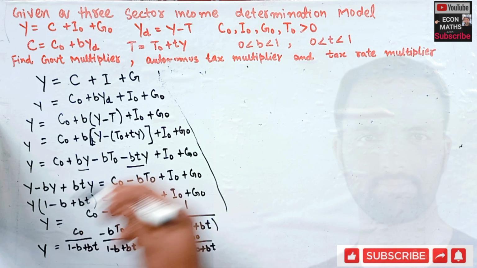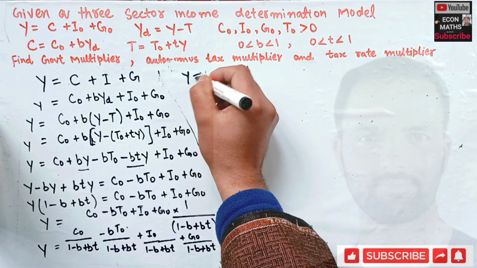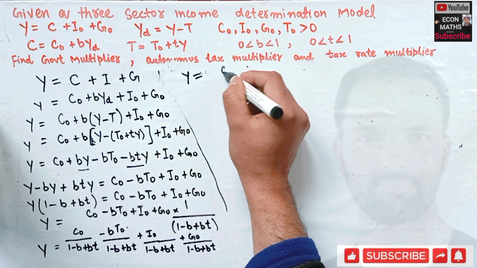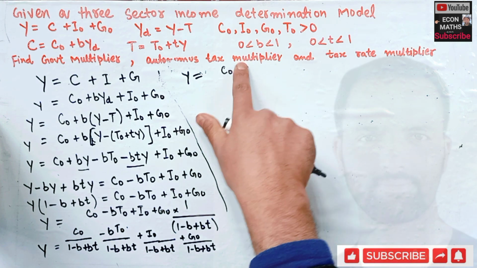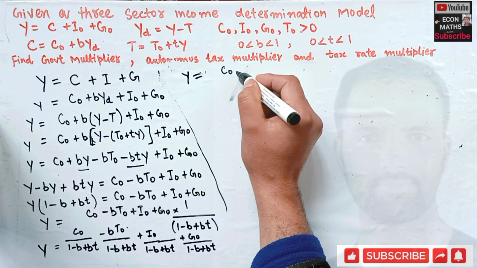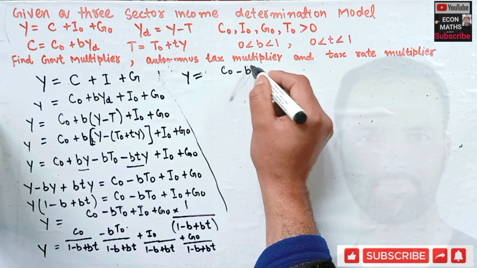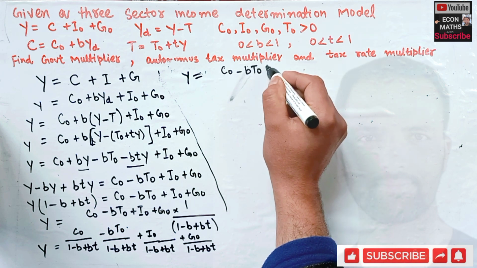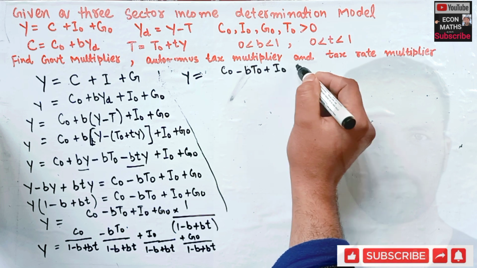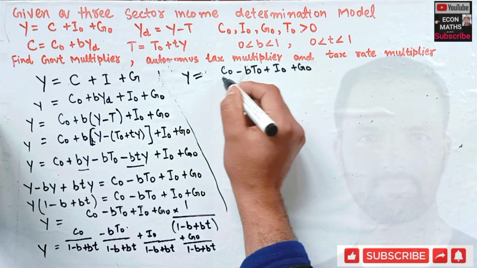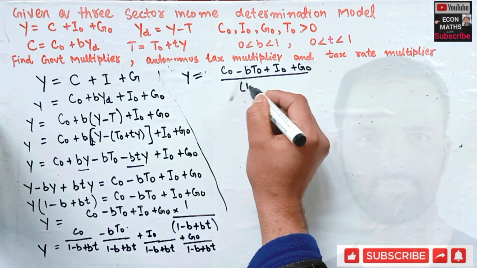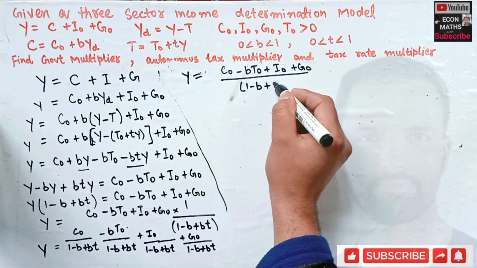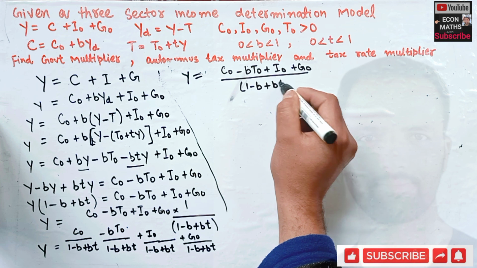So if I write this y which we calculated here, y is equal to c naught minus b t naught plus I naught plus g naught, all divided by 1 minus b plus bt.